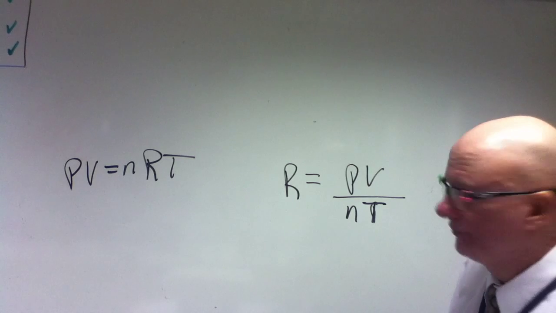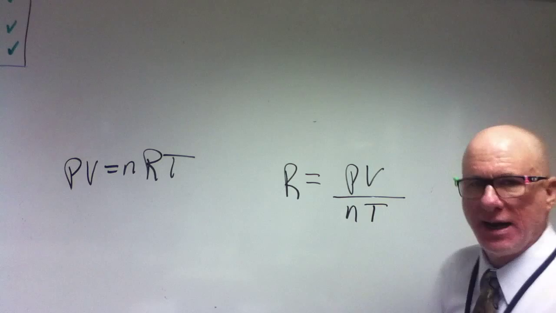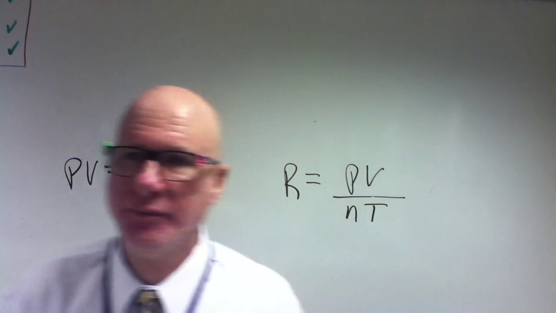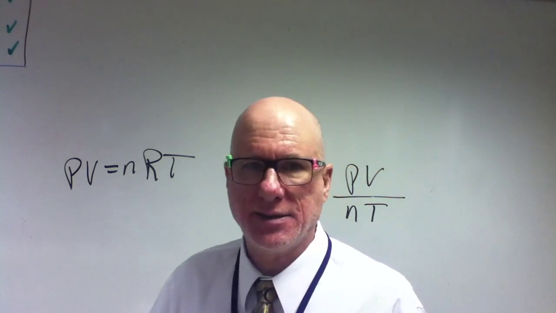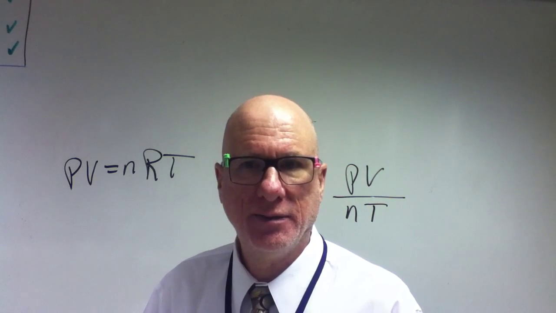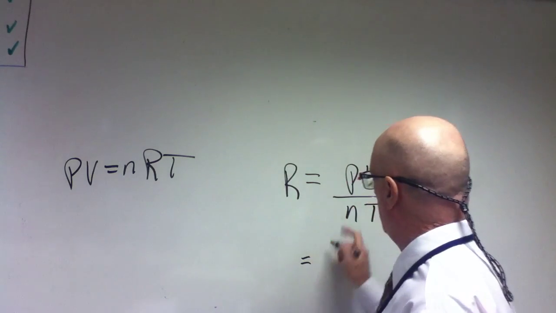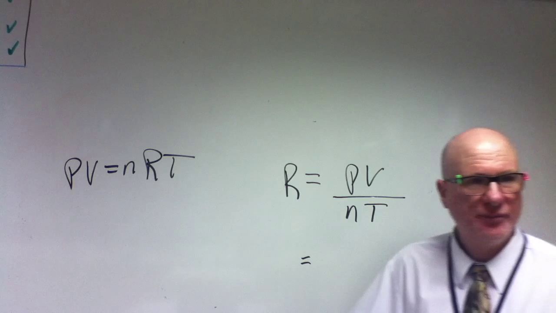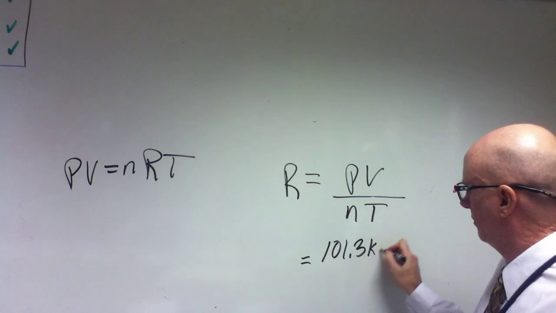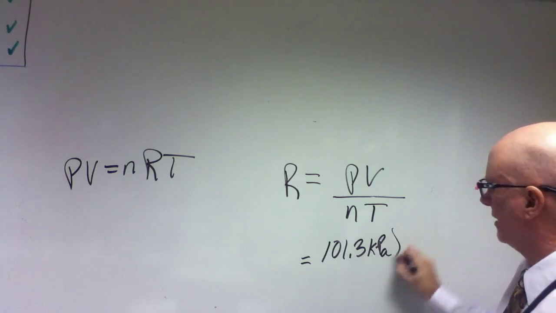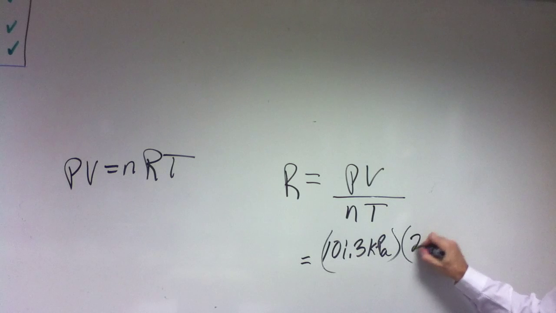Wouldn't I say that? Is that right or not? Now remember, R is calculated at STP. Okay? So at STP, what's P? 101.3 kilopascals. What's V? 22.4.